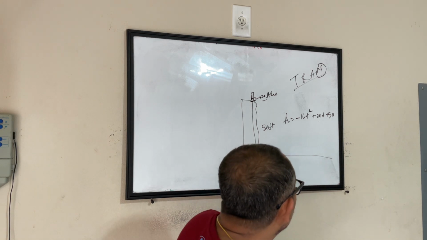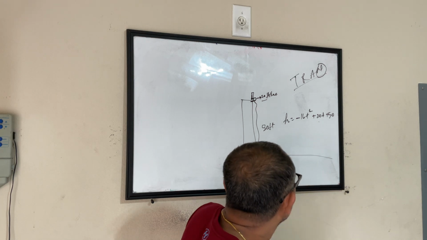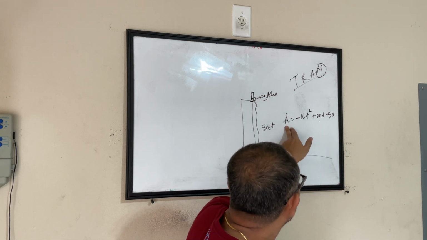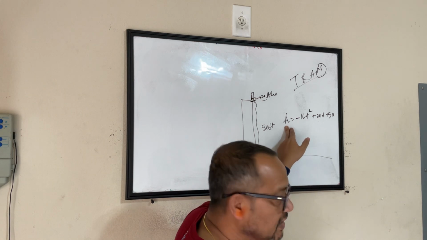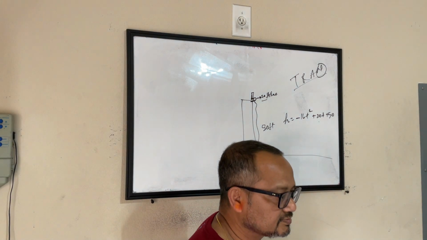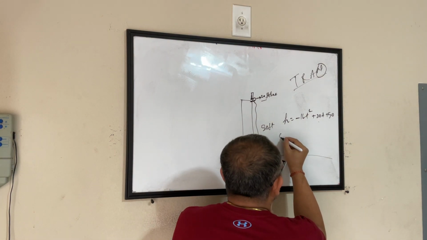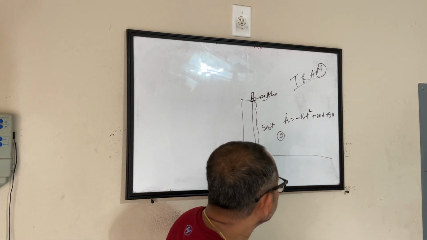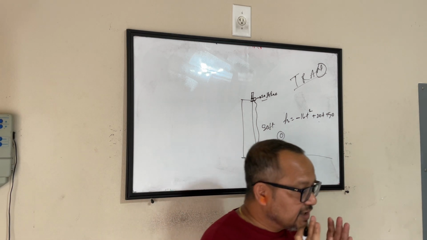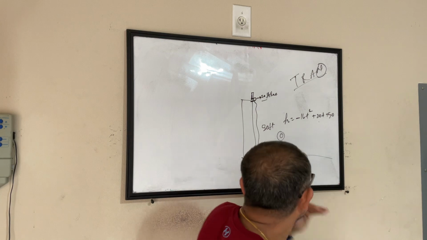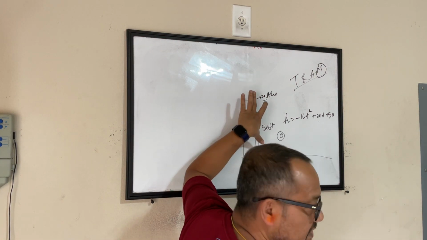So now, when we have read the question enough, we know: when will it hit the ground? Meaning, the height is going to be 0. This height will be 0. There's one more critical piece of information here: you are hitting it from this height already.